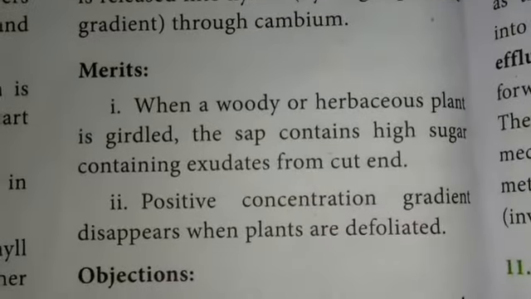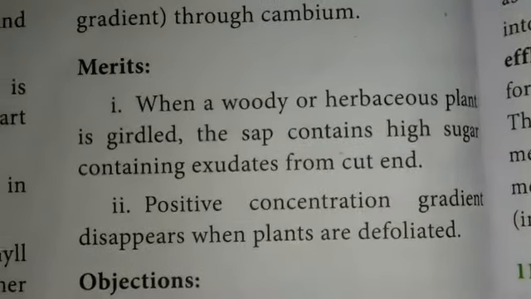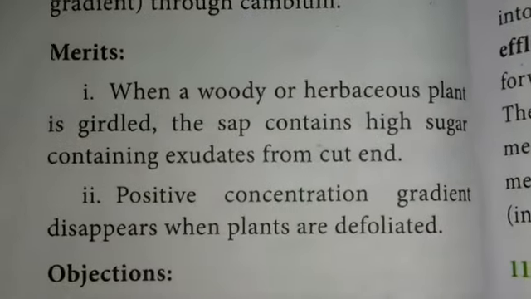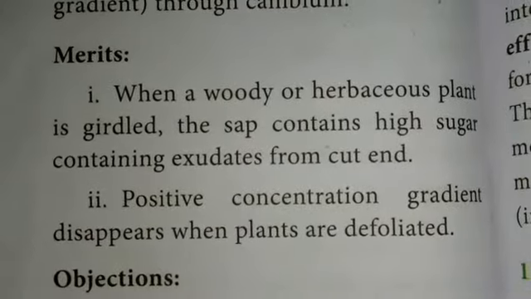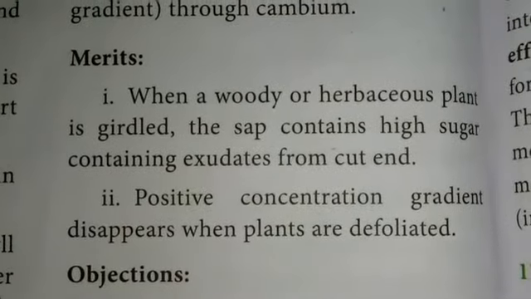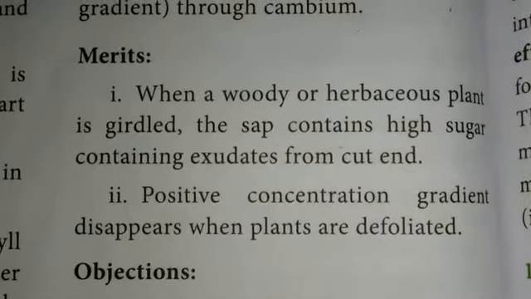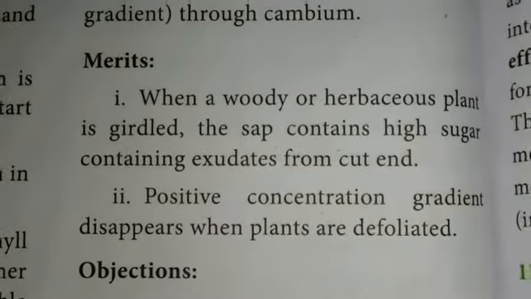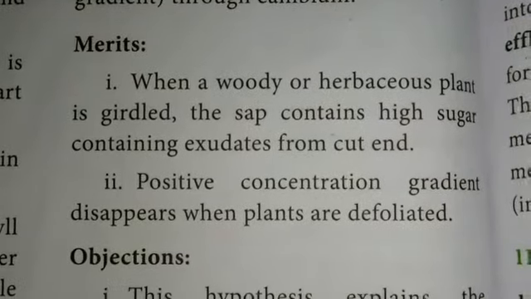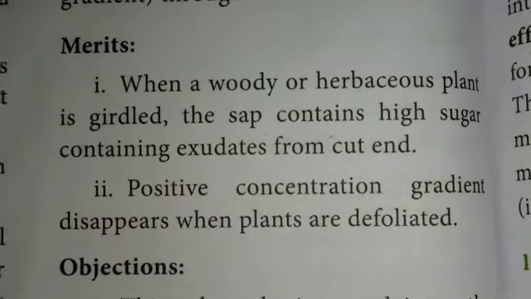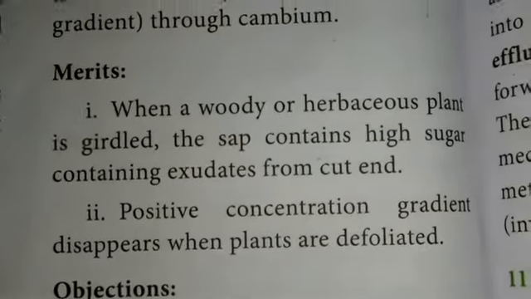Next, the merits. Woody means thick trees, and herbaceous means the stem is immature, it can be weak stemmed. When the stem of a woody or herbaceous plant is cut, the sap exudate containing high sugar is present.